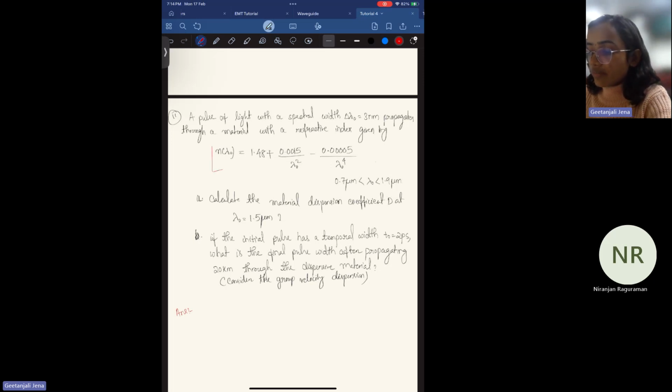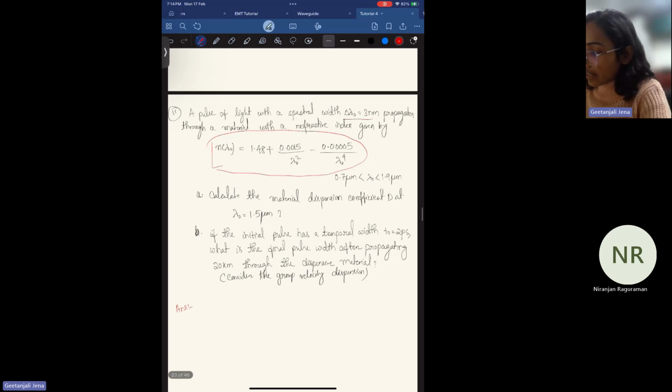A pulse of light with a spectral width delta lambda 0 of 3 nanometer propagates through a material with a refractive index given by n of lambda 0 equals 1.48 plus 0.0015 lambda 0 square minus this. The operating wavelength is between 0.7 and 1.9 micrometer.